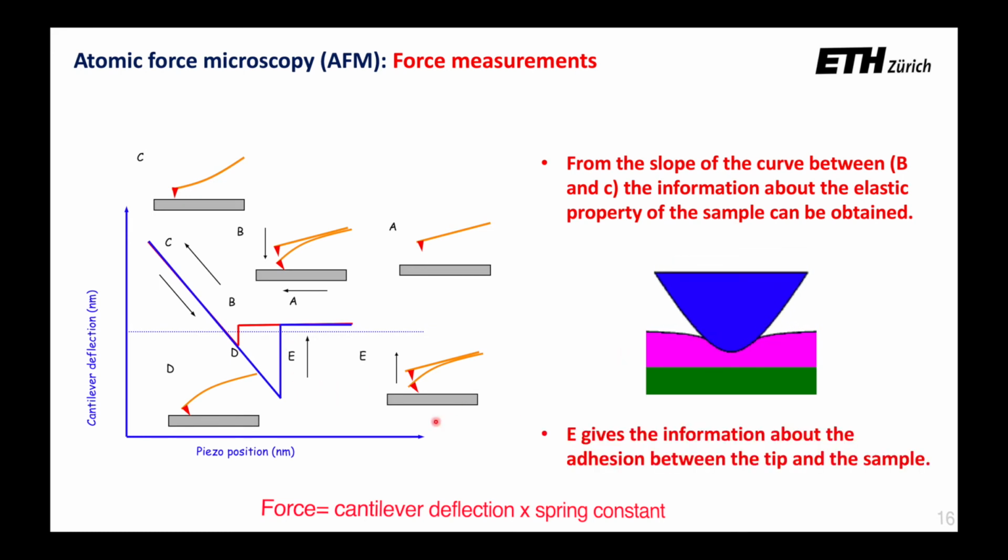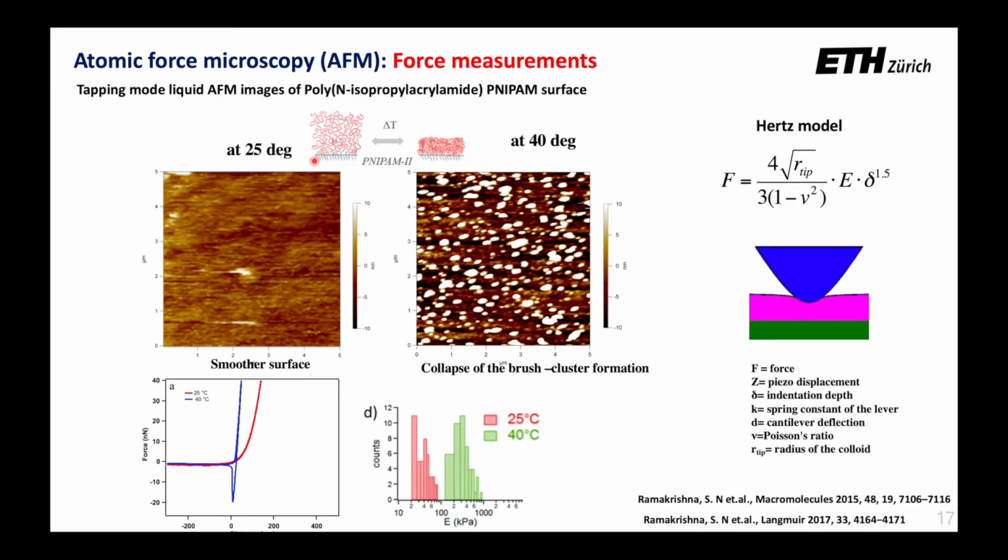The region E gives the information about the adhesion between the tip and the sample. For example, in this study, we have poly(N-isopropylacrylamide) brushes, which are coated on silicon surface. These brushes are very soft polymer chains, and at 25 degrees in water they swell and they are really smooth and soft.